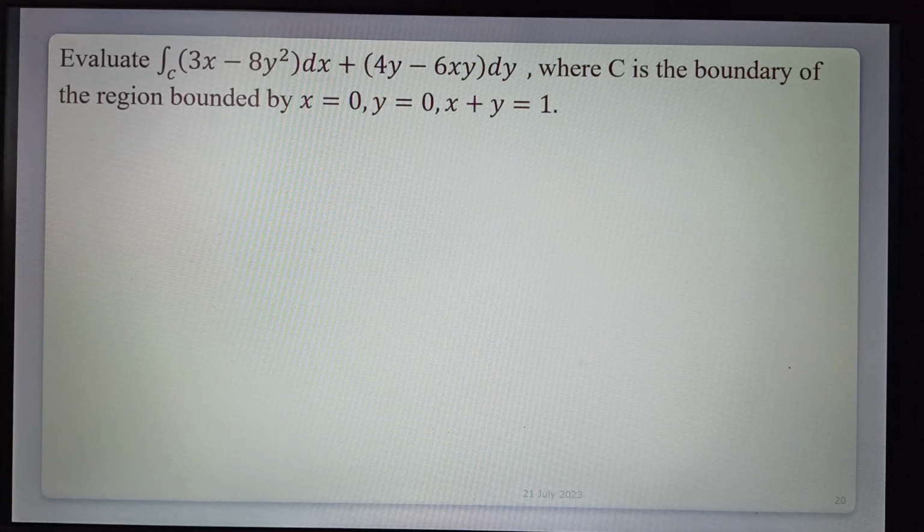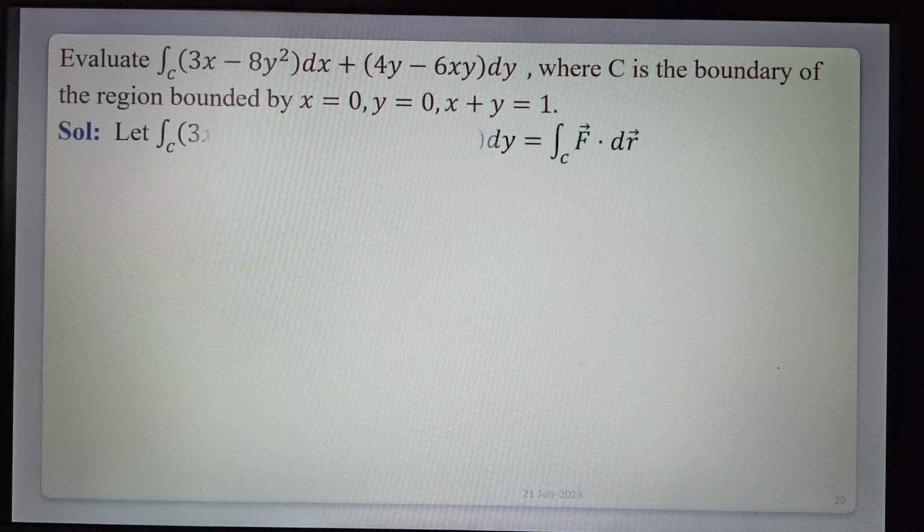So here the given curve is bounded by three lines, three curves. So the line integral over C is the sum of the line integrals over C1, C2 and C3.